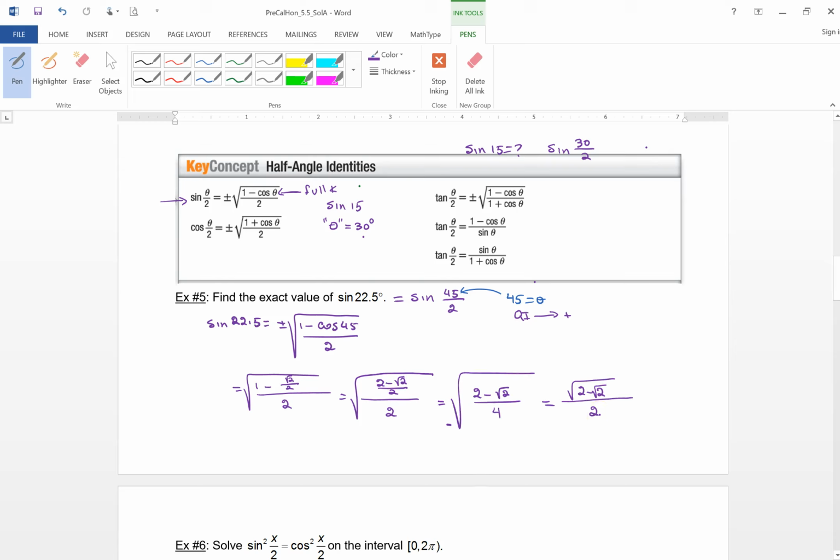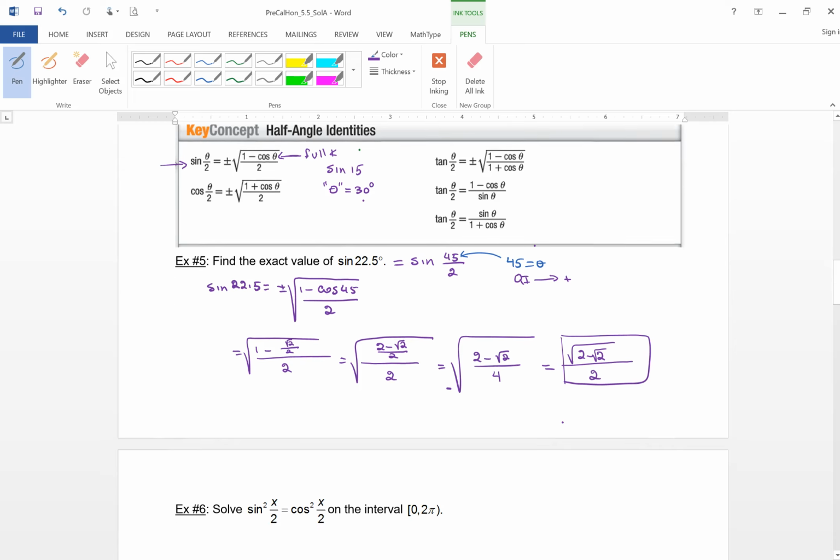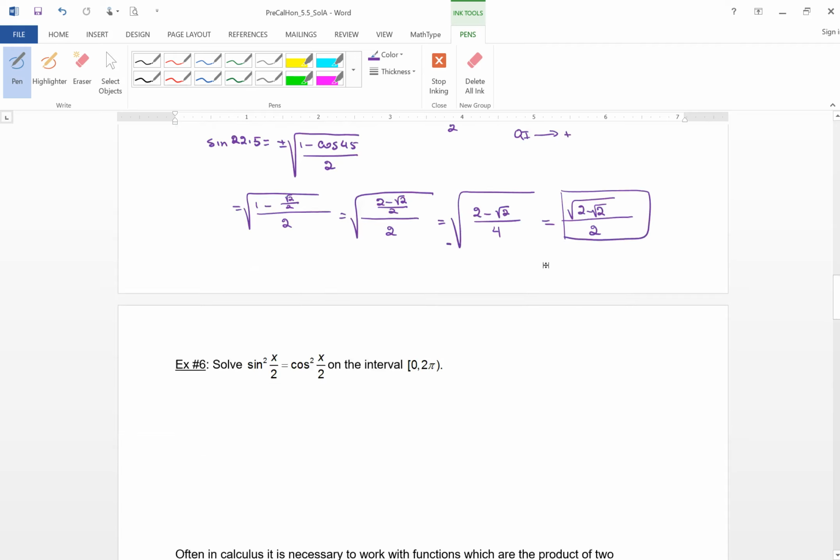And all math teachers love the fact that you get a root and a root. Does that happen often? Well, in half angles. Okay, so that's the answer there. So the things to remember are theta is the double of the angle, the full angle, and that determines the plus or the minus.